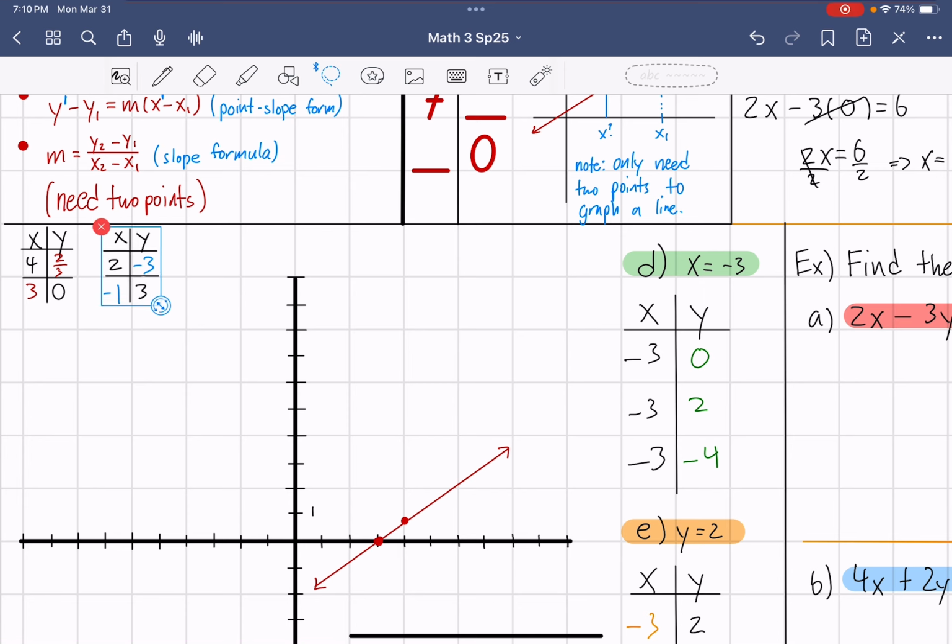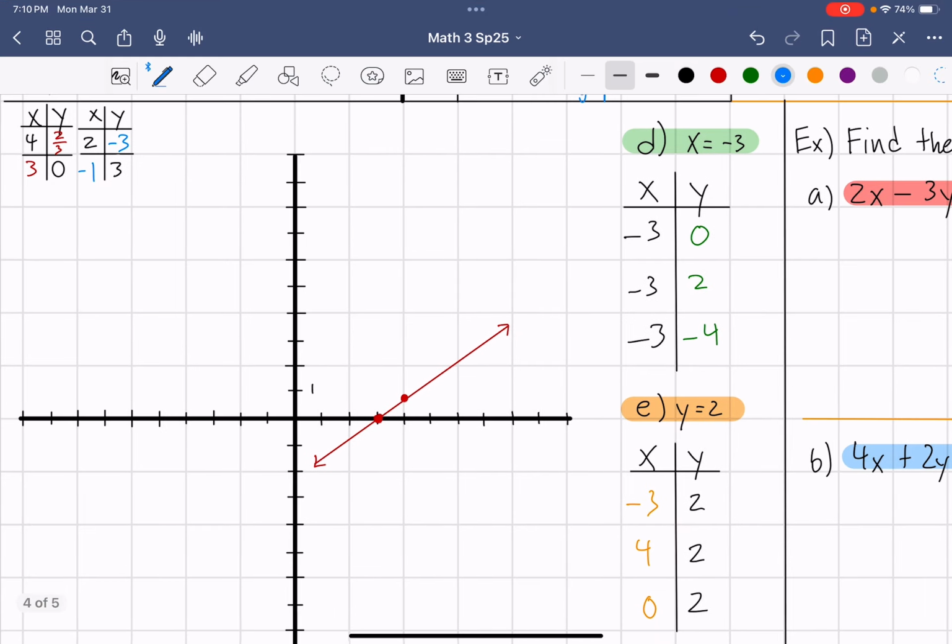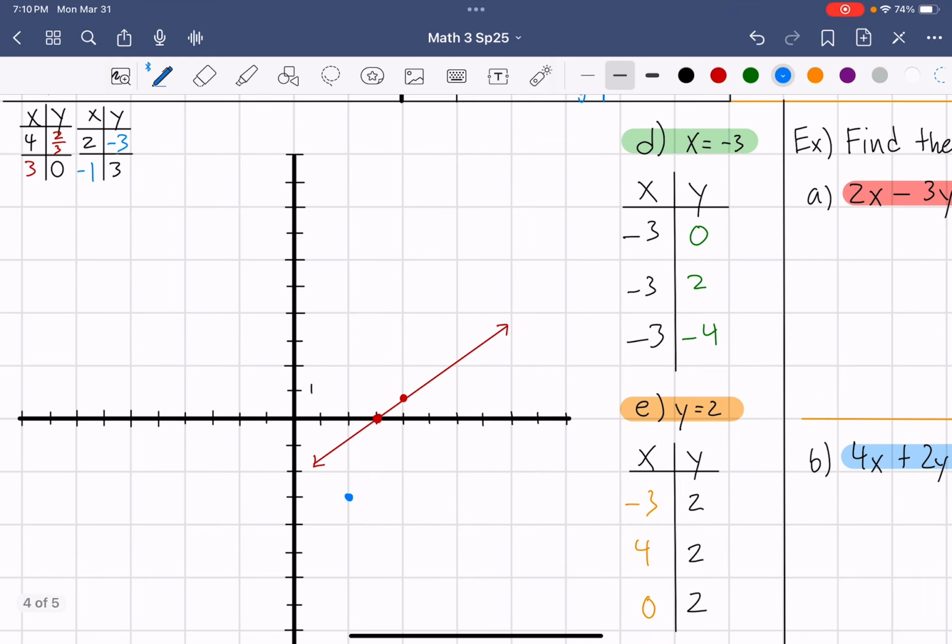Here's the next graph. So 2 and negative 3. I'll be using the same colors. So positive 2 means 2 to the right. Negative 3 means 3 down. So my point is going to be here for the first point. The second point is negative 1, positive 3.